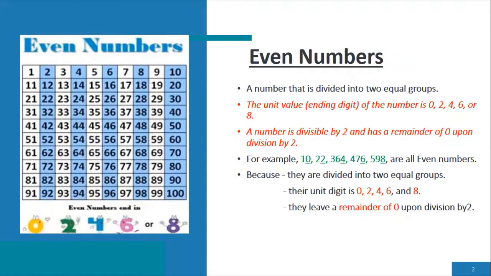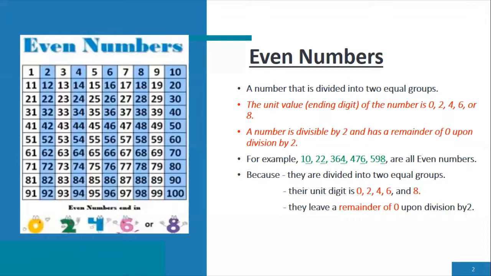The second number 22 has unit value 2. The third number 364 has unit value 4. The next number is 476 and its unit value is 6. The next number is 598 and its unit value is 8. So these numbers have unit values 0, 2, 4, 6 and 8.